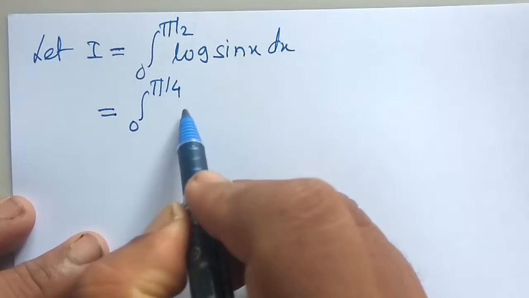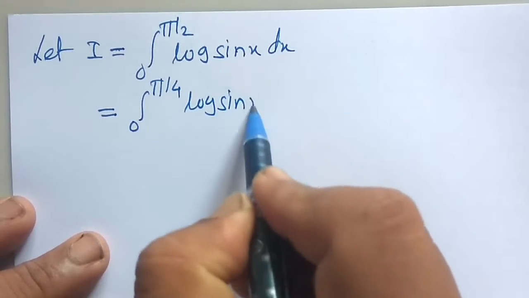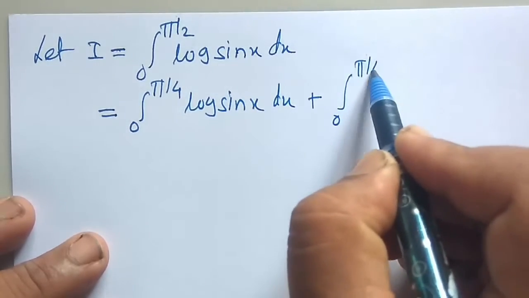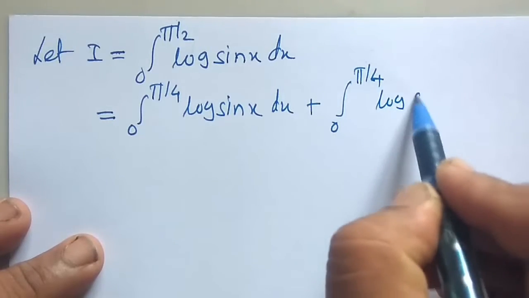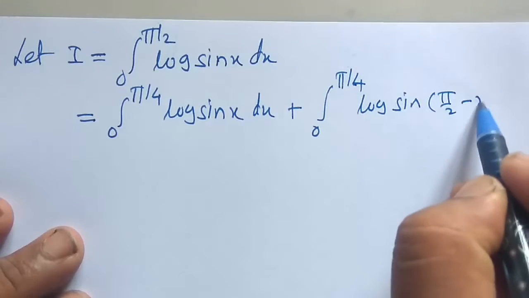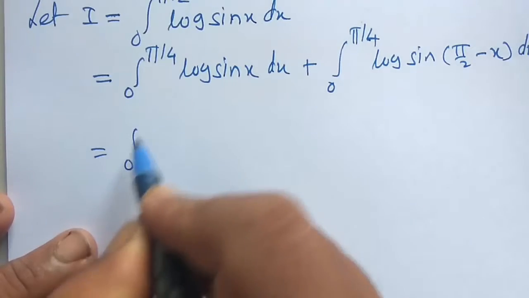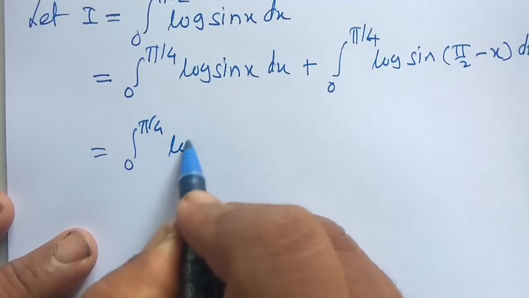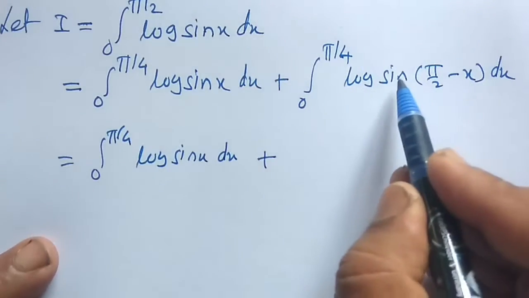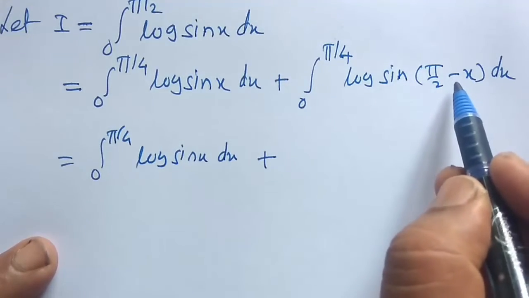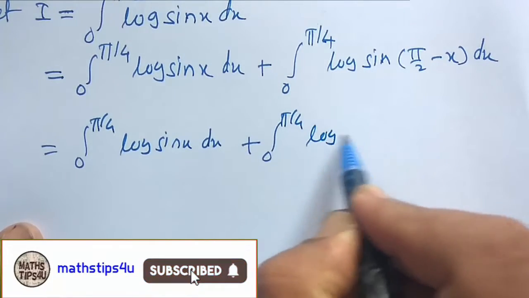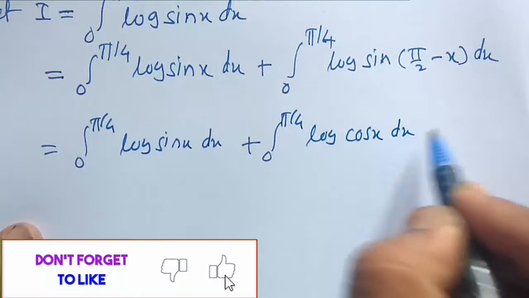So it is integral 0 to pi by 4 log of sin x dx plus integral 0 to pi by 4 log of sin of (pi by 2 minus x) dx. Therefore, integral 0 to pi by 4 log of sin x dx plus, since sin of 90 minus theta becomes cos theta, integral 0 to pi by 4 log of cos x dx.